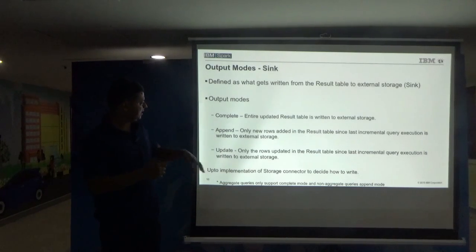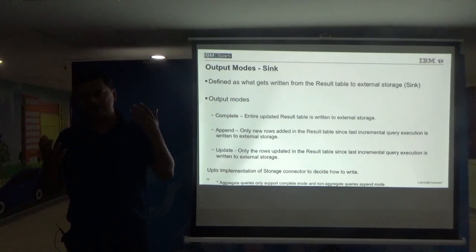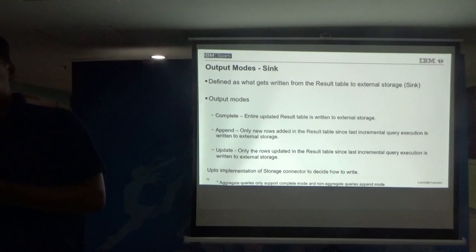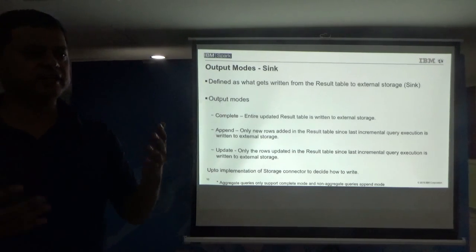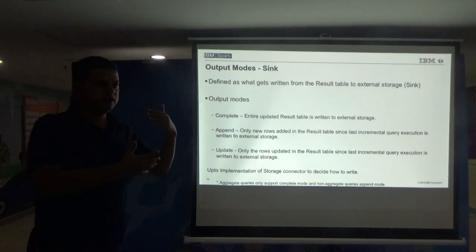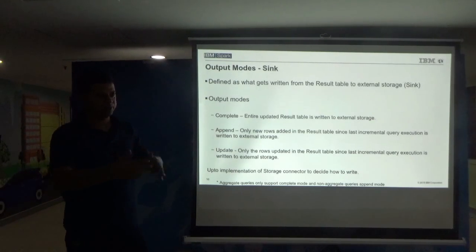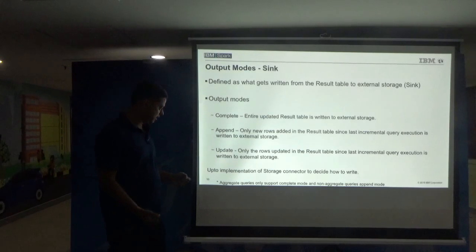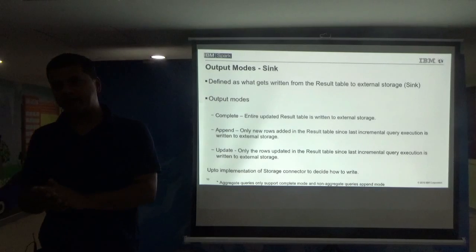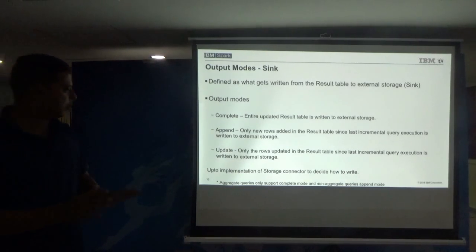So if you actually did an aggregate query, right? Let's say the most common use case that we talk about, I'm calculating the top 10 tweets that are happening every 5 minutes, sliding window and stuff. So I actually run an aggregate query because I'm saying group by or something like that. Once you do an aggregate query, the only output mode that you can write as of today is complete mode.